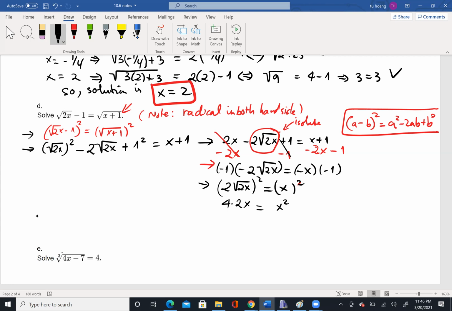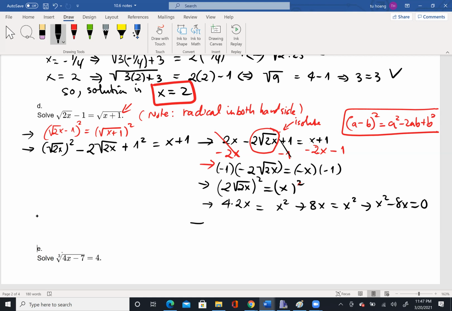So this will give me the equation 8x equal to x squared. And if I subtract 8x from both sides, I'm going to have x squared minus 8x equal to 0.